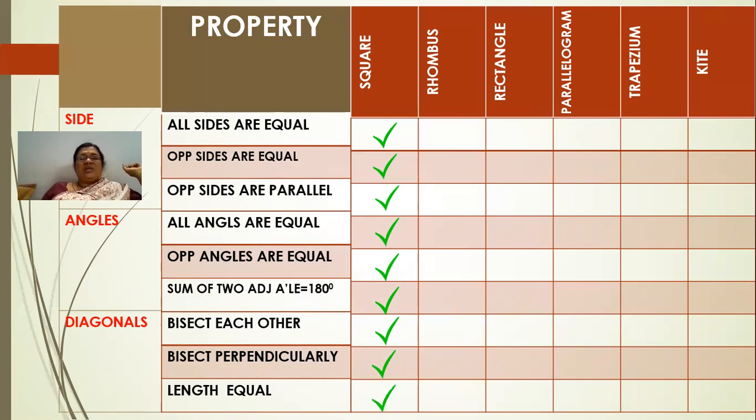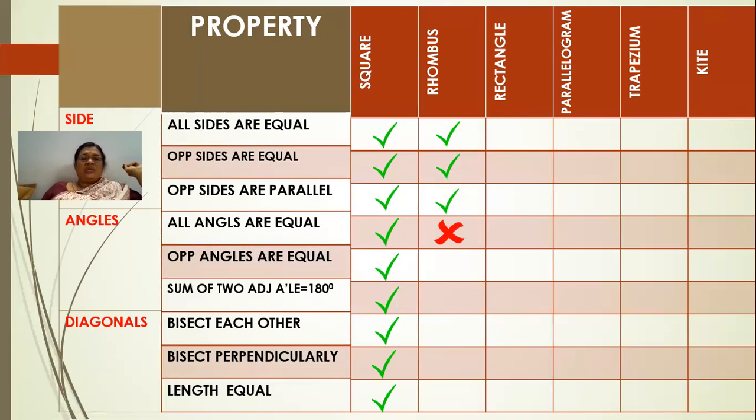Now let us see about the rhombus. 2D figure rhombus. In a rhombus, all sides will be equal, but the opposite sides are also equal, and opposite sides are also parallel. And look at the angles now. In a rhombus, all angles will be equal? No, this is the variation between the square and a rhombus.